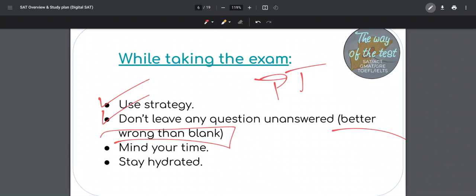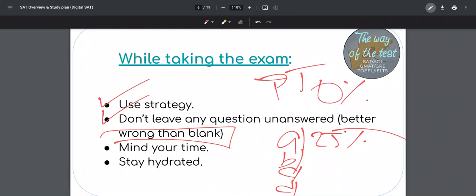We want the guessing. Why? Because most of the questions in the SAT are multiple choice, so you have 4 alternatives, which means if you just completely randomly guess, you have at least a 25% chance of getting it right, which is definitely better than the 0% chance that you get if you just leave the question blank. And remember, the SAT does not have any penalty for wrong answers, which means if you get it wrong, nothing happens. You just move on.